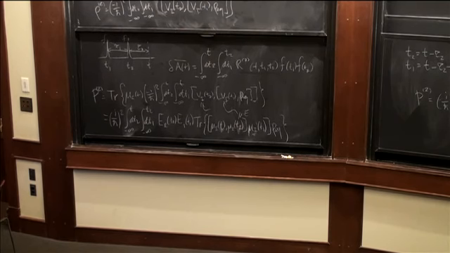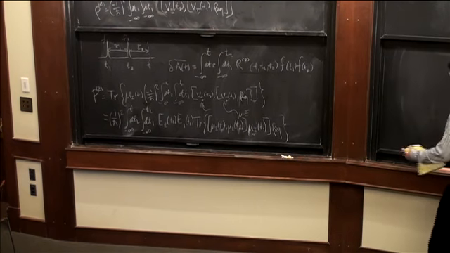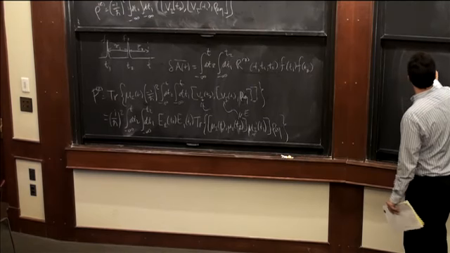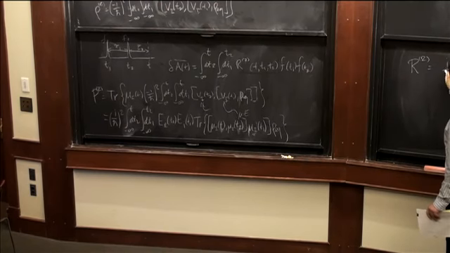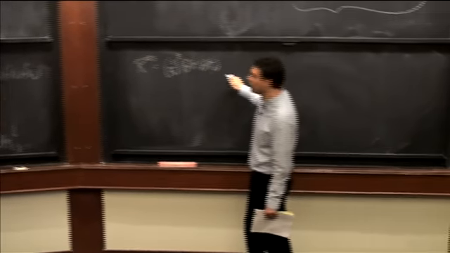Let me write the response function explicitly. When we write it explicitly, we have to remind you that you have to enforce causality. There's a step response here that ensures that the time variables tau are always positive.